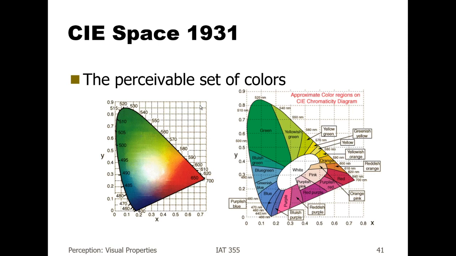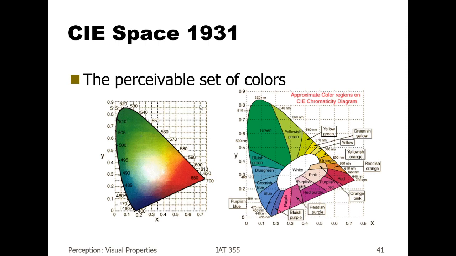It resulted from a series of experiments done in the late 1920s by William Wright and John Guild, using a bunch of observers, folks who were looking at color reproduction apparatus and telling the experimenters what colors they could see and what extremes they were able to perceive.